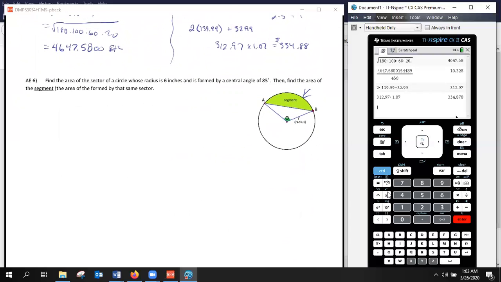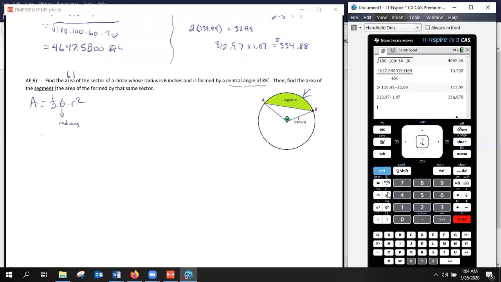Problem number 6, we are going to find the area of a sector of a circle, and this sector has a radius of 6 inches. This is great because it brings back stuff that we did way back in 6.1. I don't know if you remember, the area of a sector is 1/2 theta times r squared, where theta has to be in radians. By the way, we are finding this entire area right here.